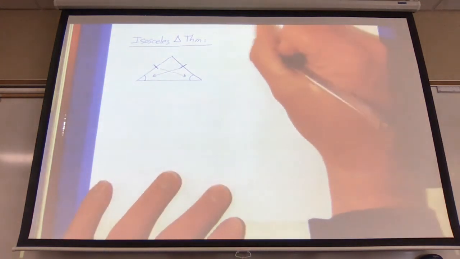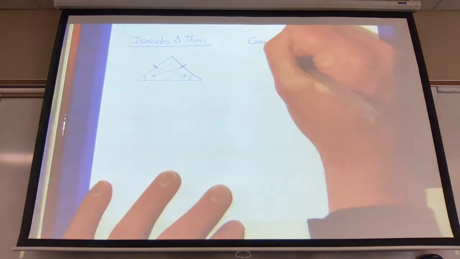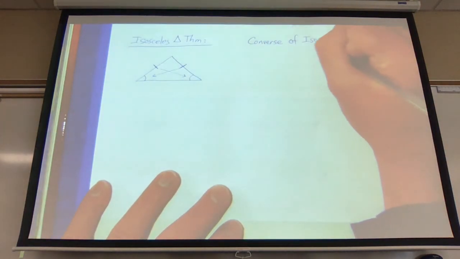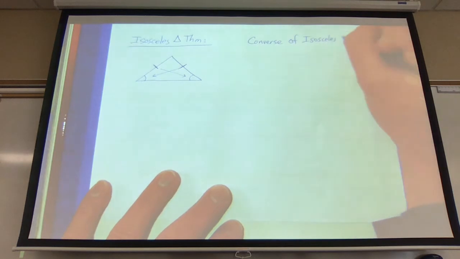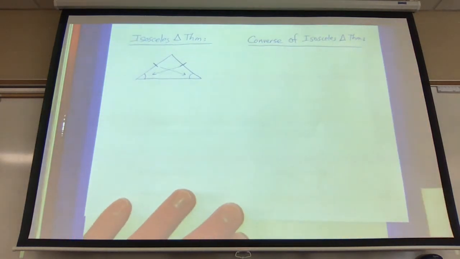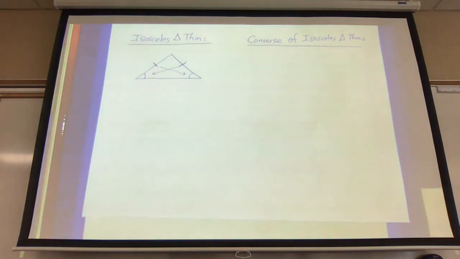And then we're also going to have the converse of that. Converse also works. Converse is where you do it backwards. Once again, I'm going to do this with pictures rather than writing out all the words.